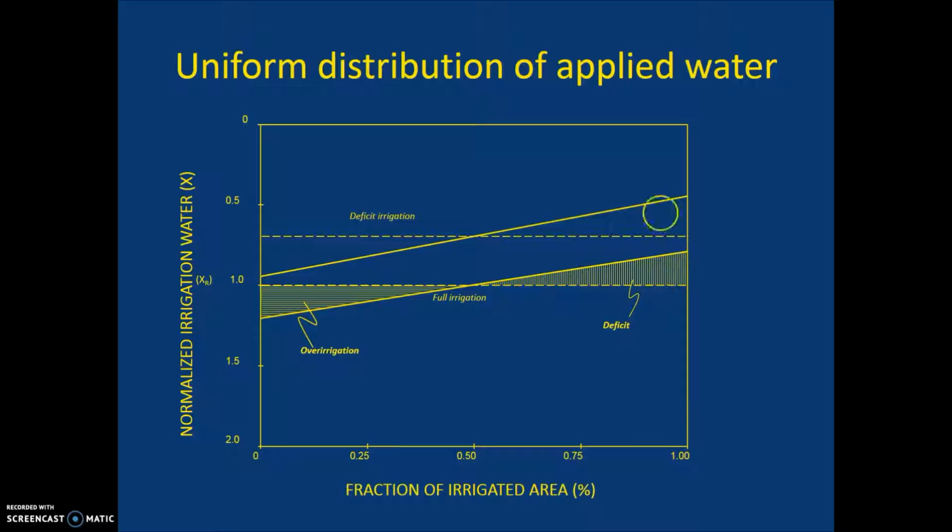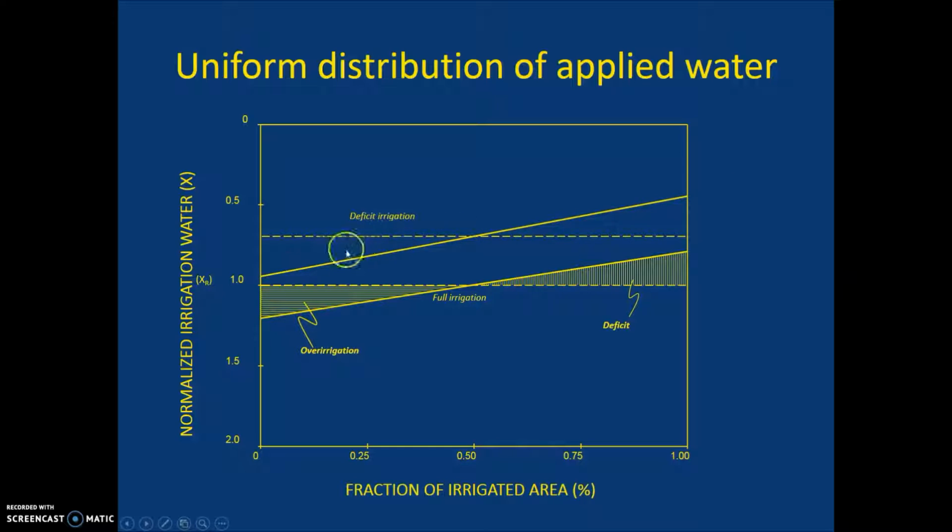In other words, in this area of the field, we are irrigating less than required, so we have a deficit area. On the other hand, there are other places in the field, here, where the amount of water applied exceeds the one required for full irrigation. In other words, this area of the field is over-irrigated.